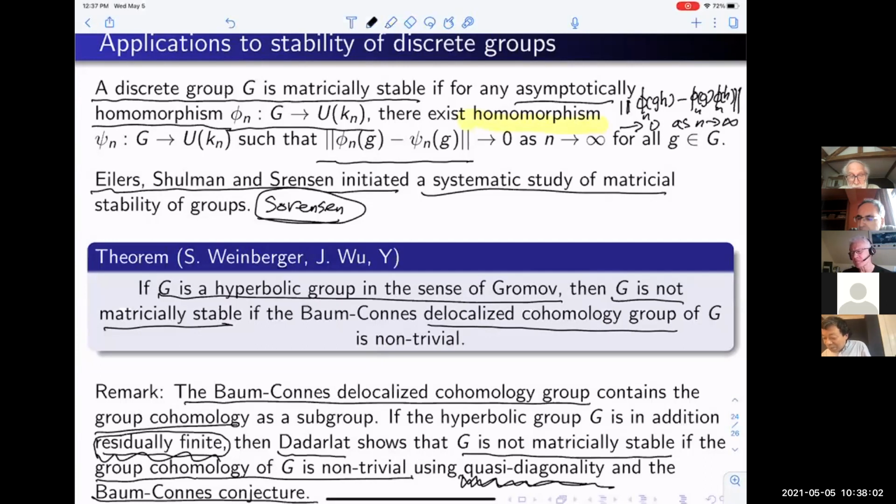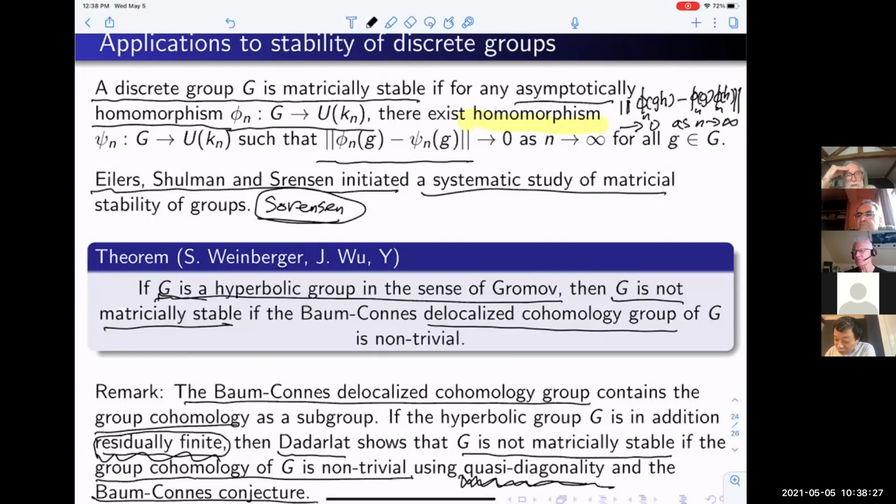Okay, I'm fine with this, but I don't have any intuition. If you give me a group, I couldn't guess. But take a group which is not linear at all, which has no non-trivial homomorphism to matrices. Then you can easily imagine that you have almost homomorphisms. Okay, so this is a wild condition, yes.